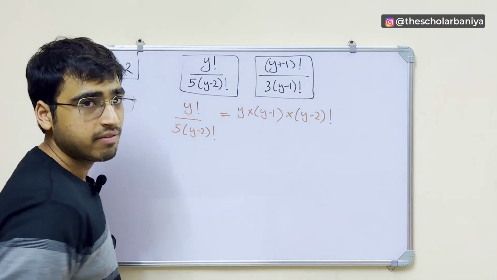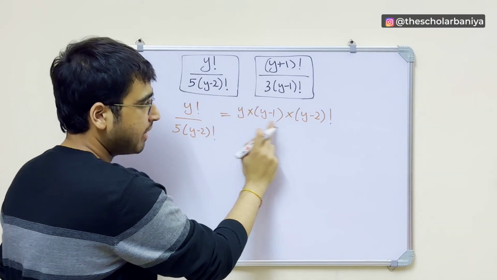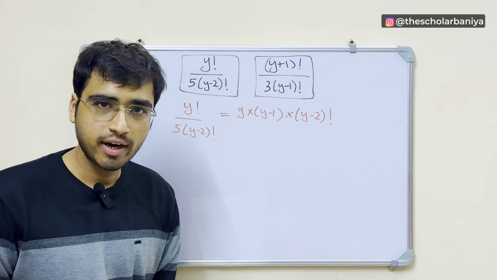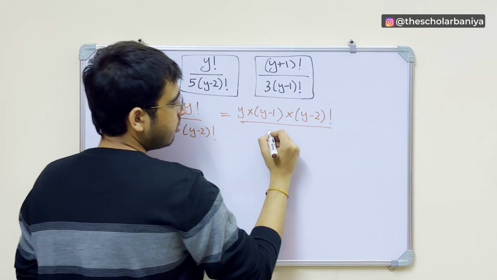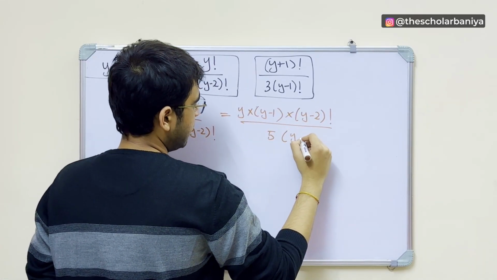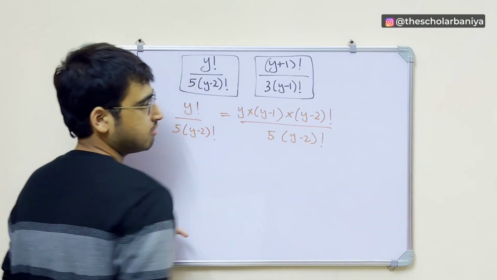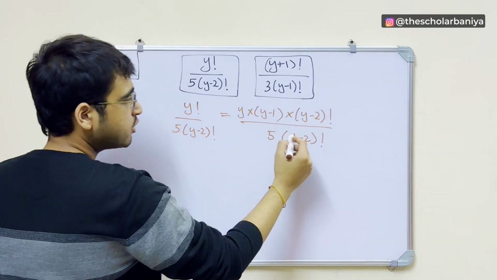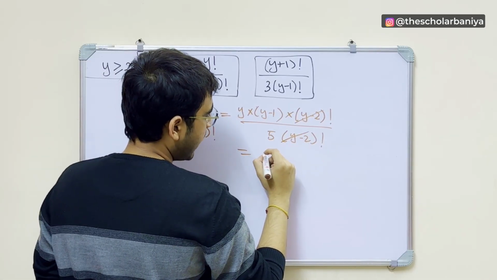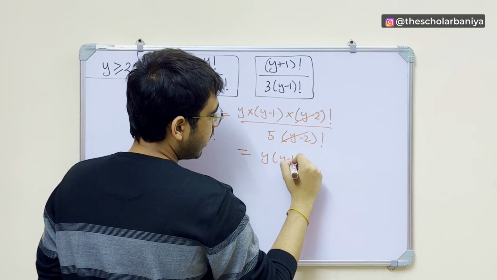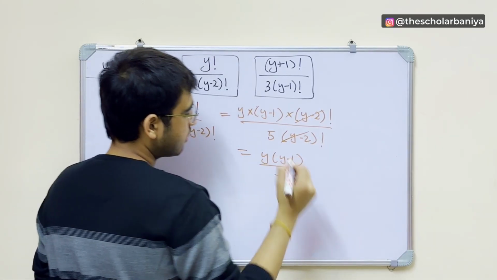So we can write y factorial as y into y minus 1 into y minus 2 factorial, right? Upon, this is what? 5 into y minus 2 factorial. I hope this is pretty clear. So we cancel both these things. So this becomes y into y minus 1 upon 5, right?